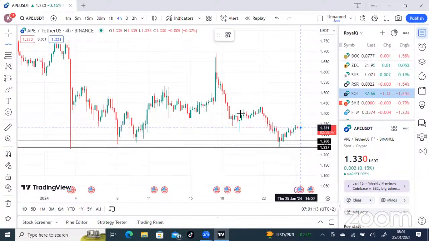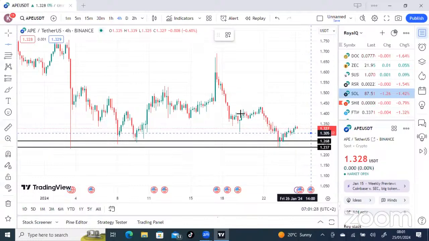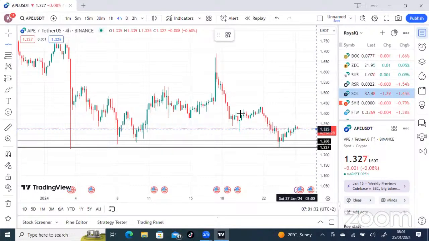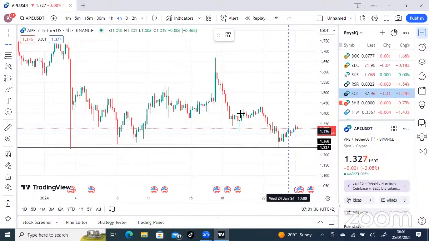I sent this signal when it was at 29. Now it is at 30. Give me a 1 in the chat if I'm right. It has even repeated the price.